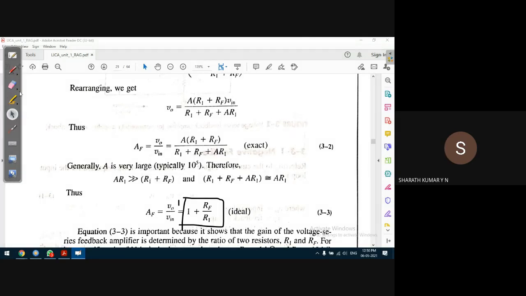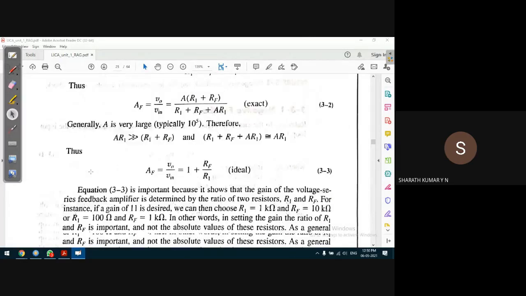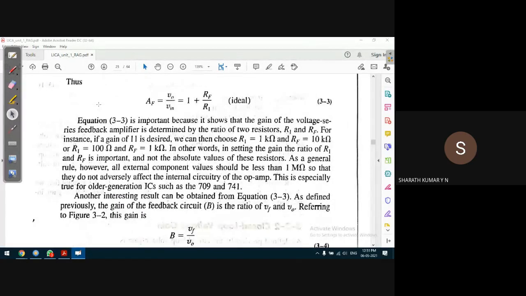Very simple. In the ideal condition, that is under standard temperature conditions and with all those conditions, this is the equation which holds good for ideal op amps.